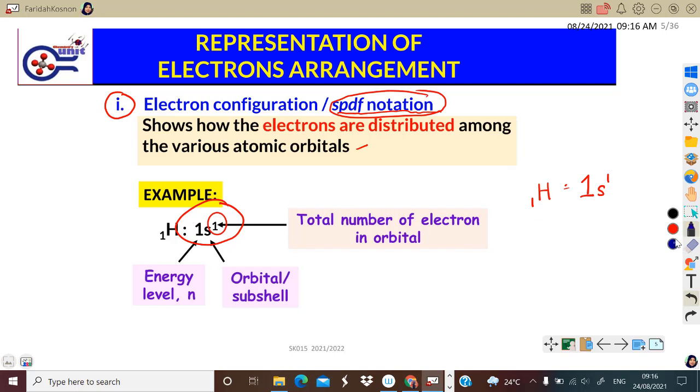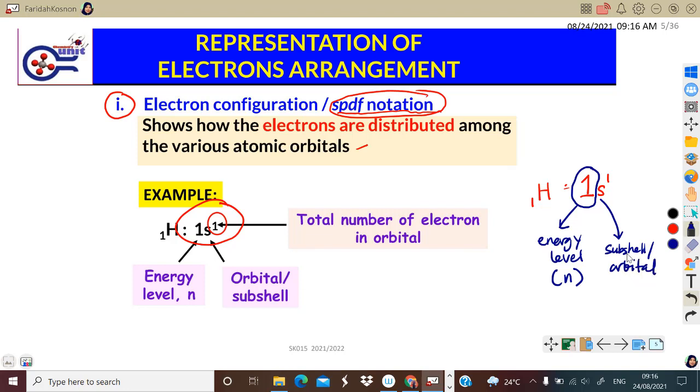So number 1 here shows the energy level. When we talk about energy level, we have to refer to n, the principal quantum number. The small s shows the subshell of orbital.